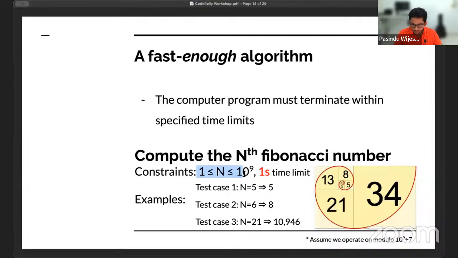We need to be able to compute up to the 10 to the power 9, that is 1 billion, Fibonacci number within a single second. If your program fails to compute this result within a single second, it's going to fail. So you need to come up with an algorithm that's fast enough to compute this result within a second.